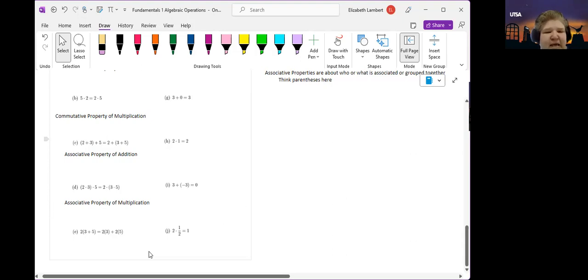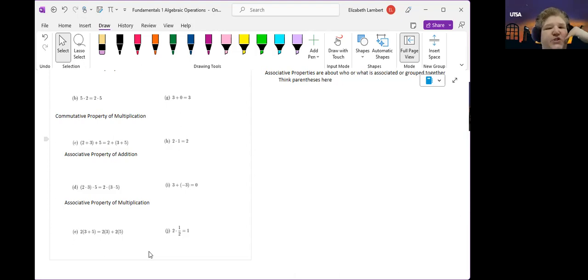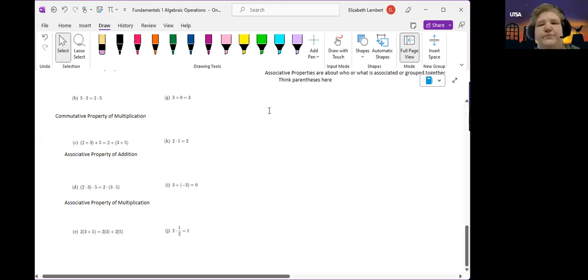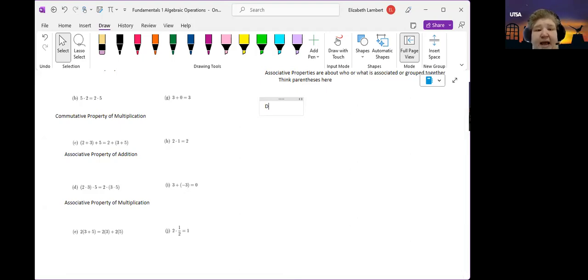Now, E, and if we look F, have to do with addition and multiplication. So this is a special combo property. And if you look, we had the 2 outside the parentheses, and now the 2 went to everybody inside the parentheses. So we call that distribution.